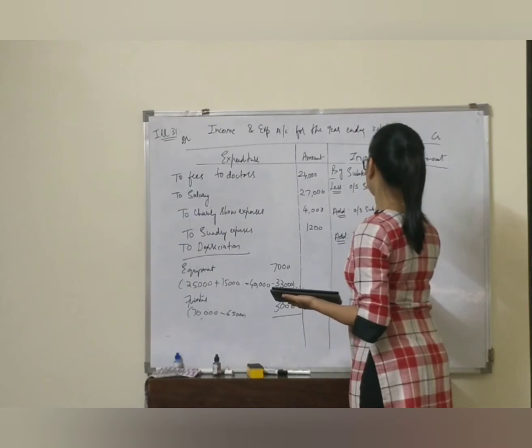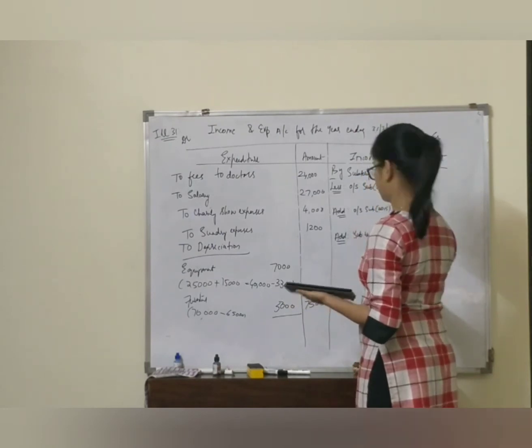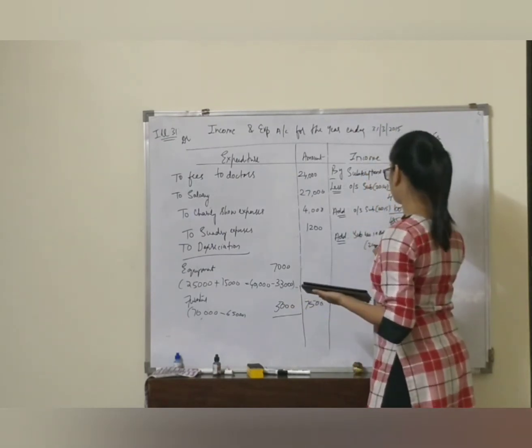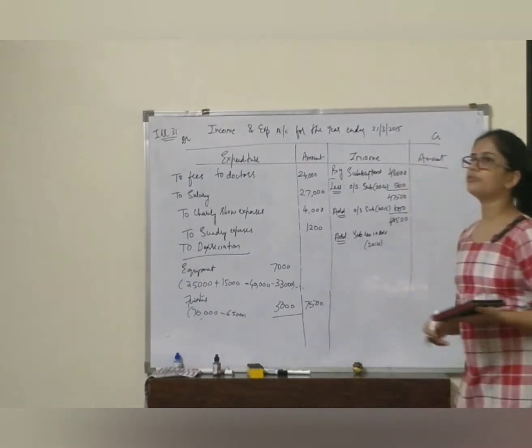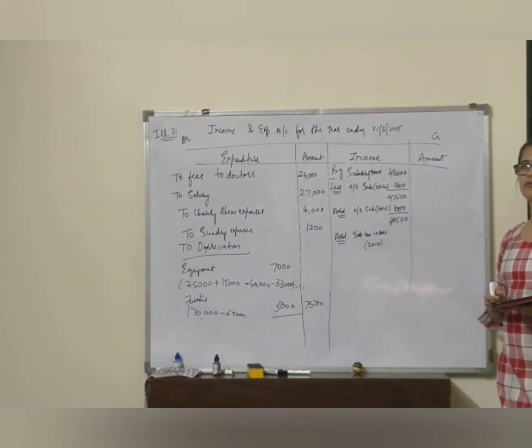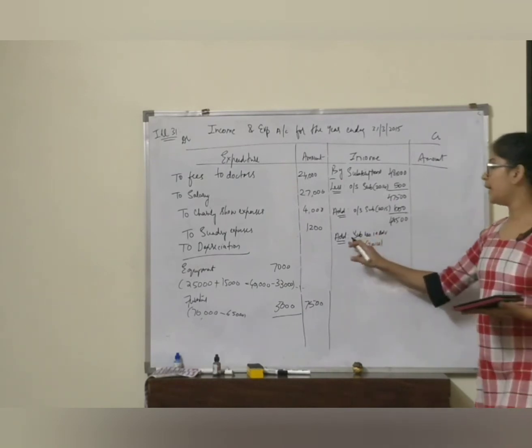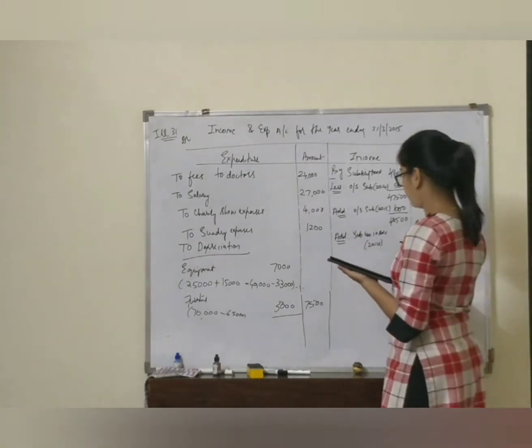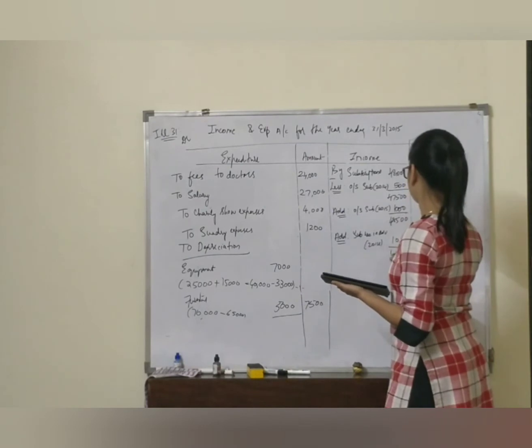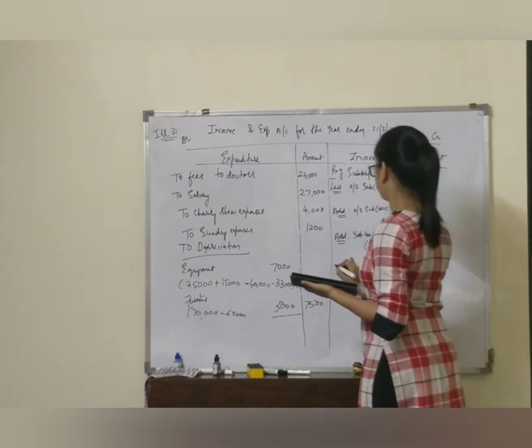Then we will add subscription received in advance. In bracket we will write 2014. In 2014 we received the subscription for 2015. So it is of the current year. So we are adding it. How much is it? 1,000. We get 49,500.